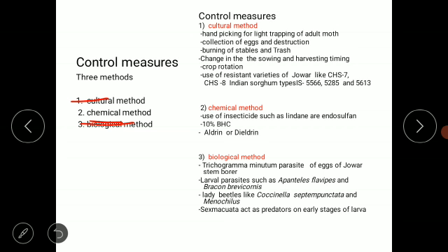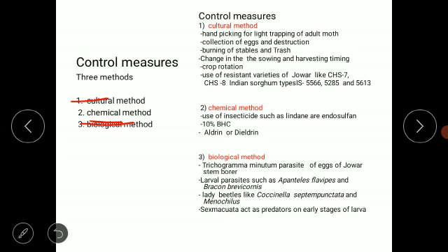In the second application, we are using 1% lindane and 4% endosulfan, and in the third application we are using a 0.2% carbaryl spray. So if we spray different insecticides in a particular concentration at a particular developing stage of the plant, it becomes very effective to control the pest.